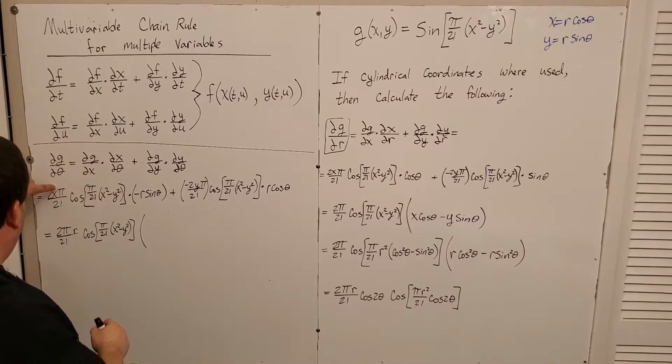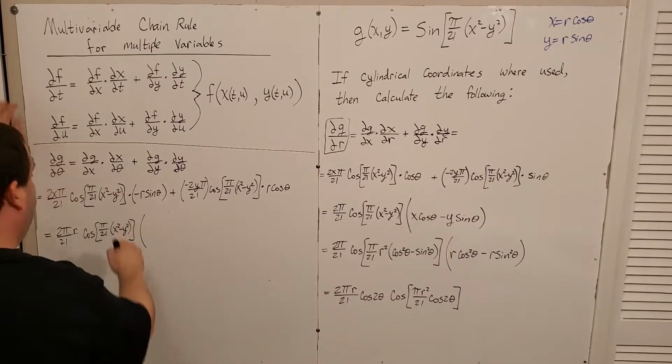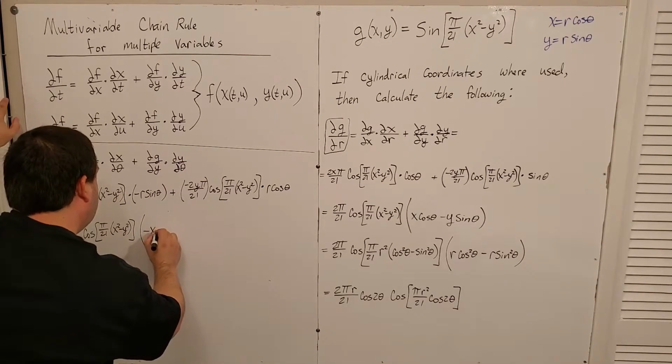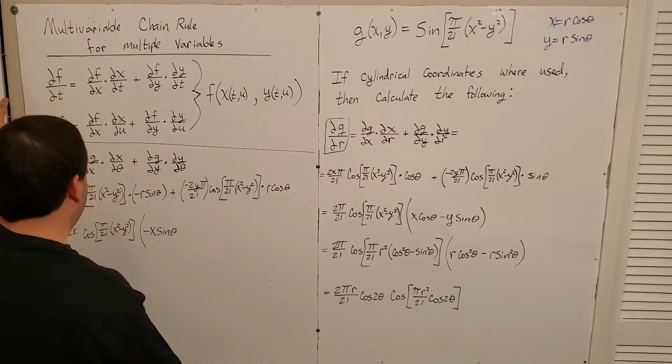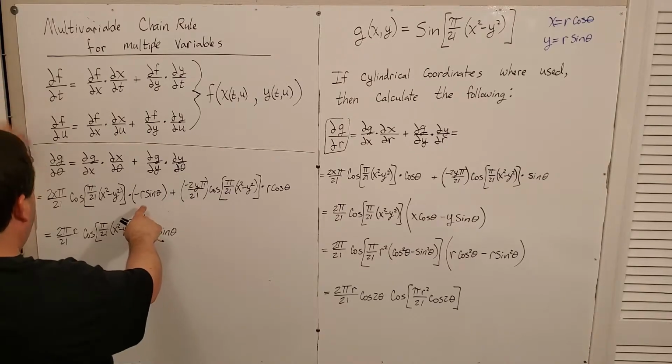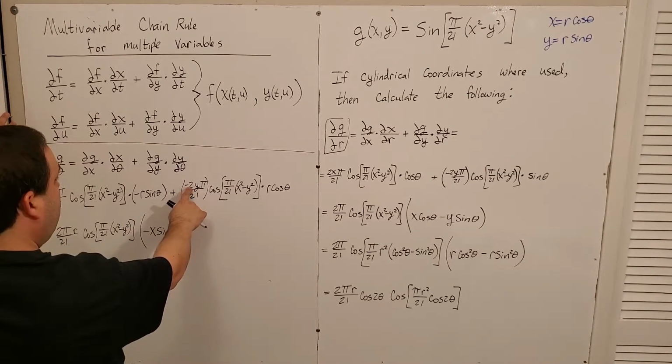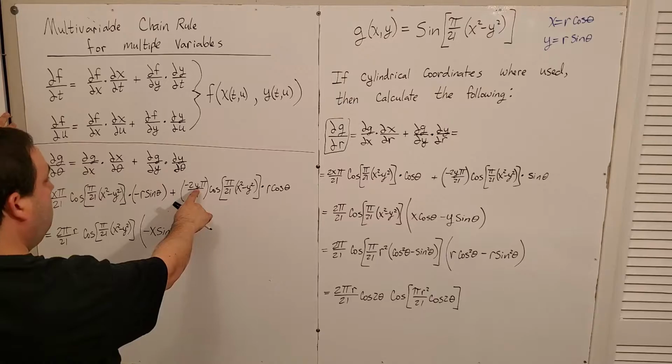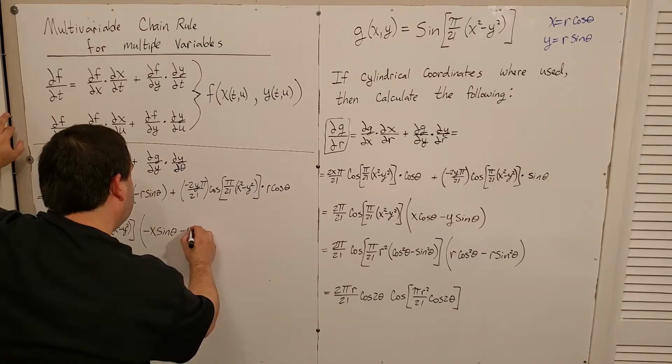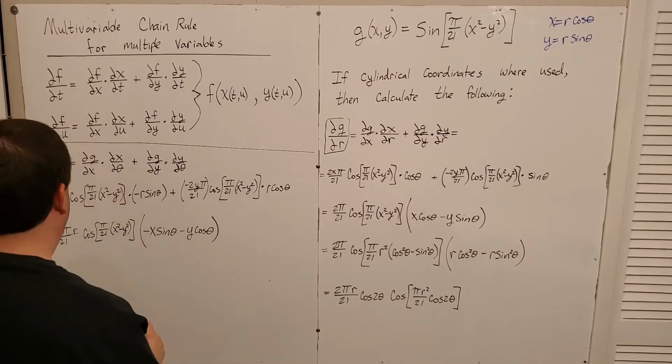I have x with a negative sign here, so I've got negative x sine theta and a negative y also, right? Cosine theta minus y cosine theta, like that. All right.